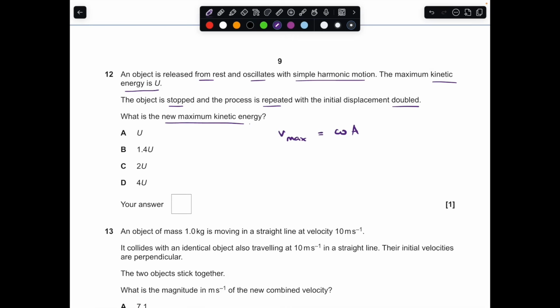Now, if the amplitude or the initial displacement is doubled, Vmax will also be doubled, which means that kinetic energy, which is half mv squared, will be quadrupled. So I'm going to say D as my answer.